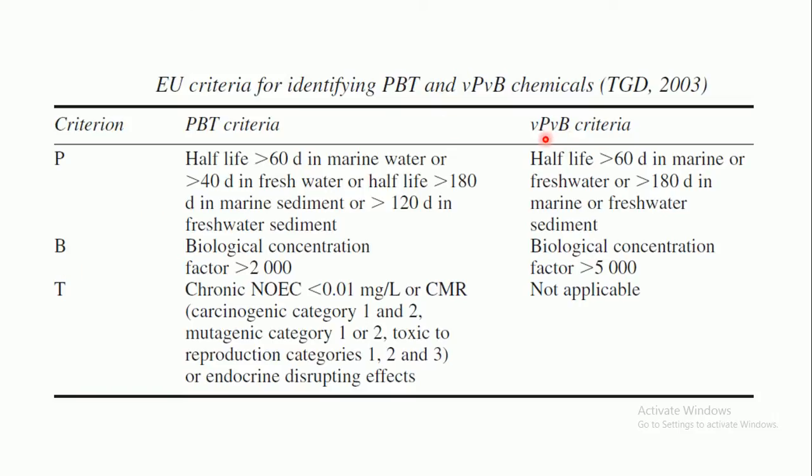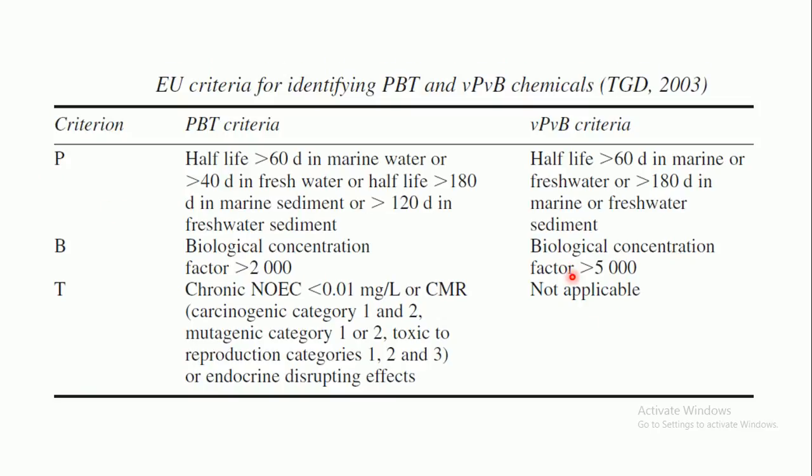Whereas under VPVB criteria, that is very persistent and very bioaccumulative, how will you categorize it? If the half-life is more than 60 days in marine or fresh water, or more than 180 days in marine or freshwater sediment, then you can categorize this substance as very persistent.